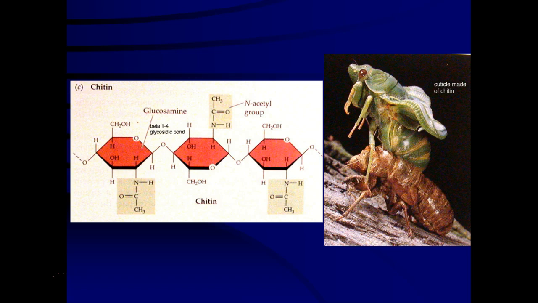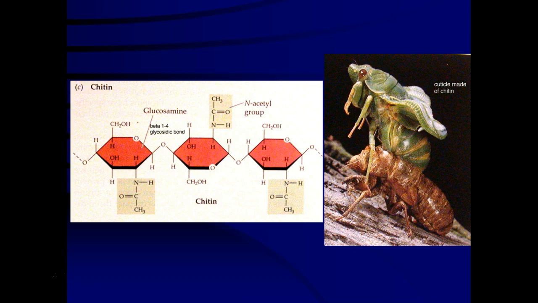Glucosamine is basically just the beta-glucose bonded to that N-acetyl group. So that's what you're seeing there. You'll notice that the bond between the monomers is exactly the same we saw in cellulose. This is a beta 1 to 4 glycosidic linkage. A beta 1 to 4 glycosidic linkage.